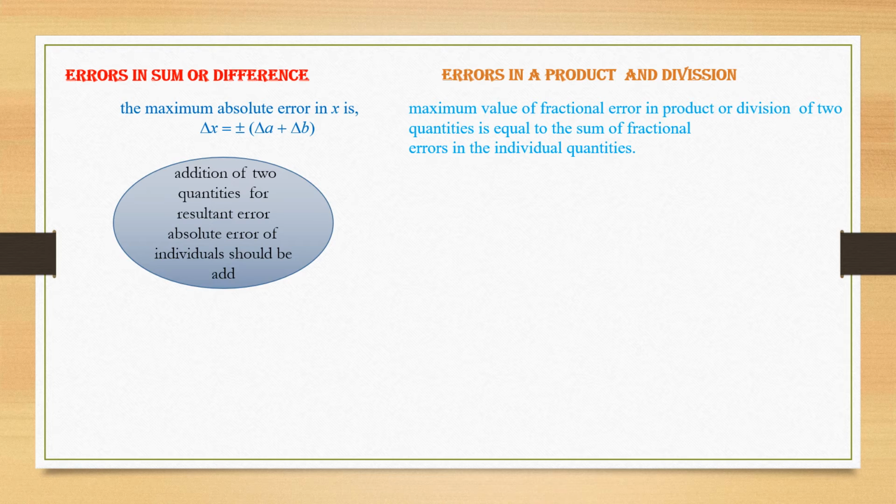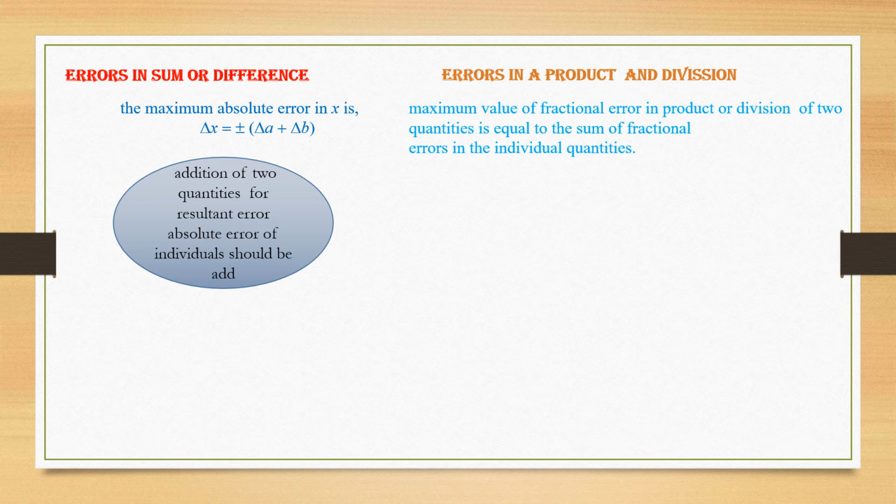Errors in product or division. The maximum value of the fractional error in a product or division of two individual quantities is also the sum of the fractional errors in the individual quantities, or the sum of the percentage errors in the individual quantities.